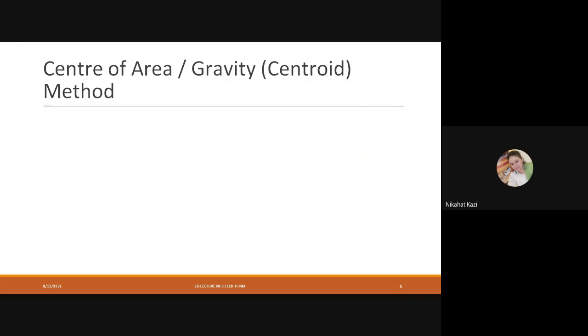The next method that we have is the center of area, or center of gravity, or the centroid method. Different names for the same method: center of area, center of gravity, or the centroid method.